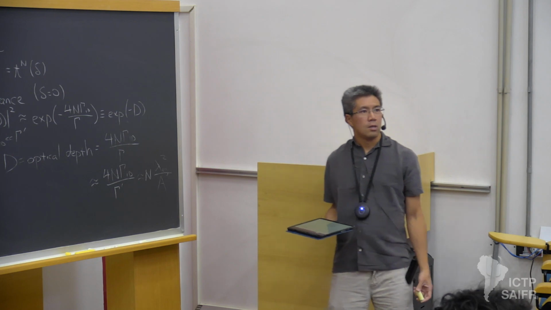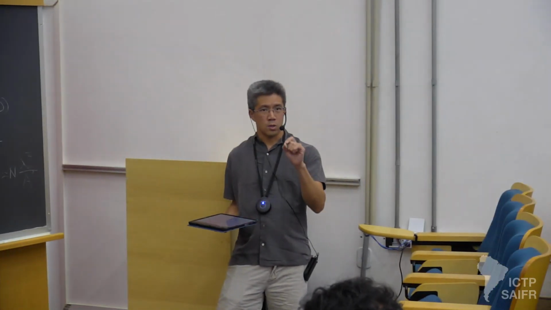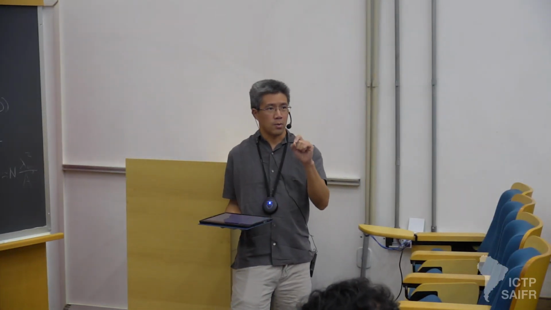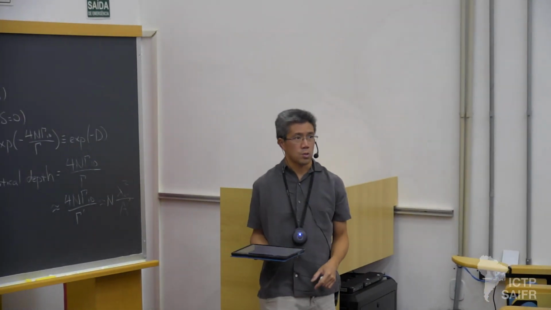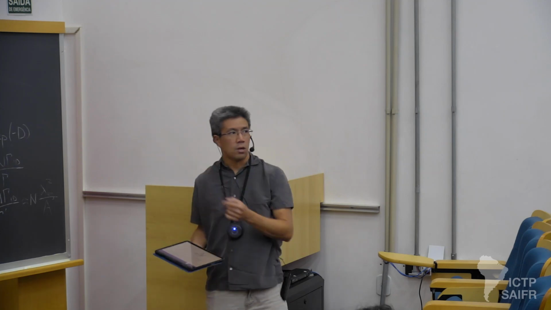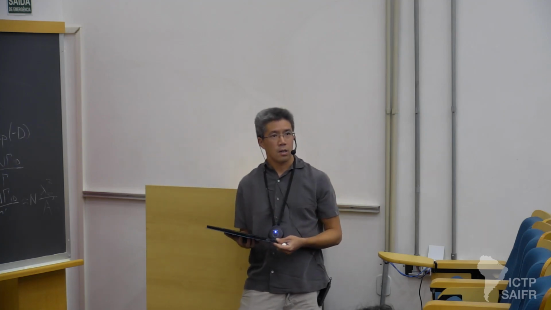I said before that the way to understand efficiency is to realize that a single atom on resonance has a scattering cross-section given by lambda squared. So all these results are equivalent to that.